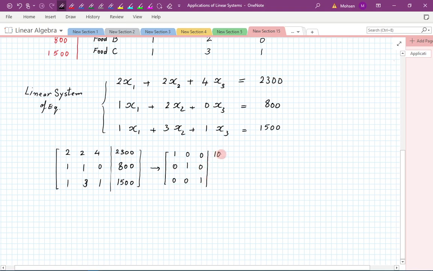We ended up with 100, 350, 350, which really means 1x1 is just x1, of course. X1 is 100, x2 is 350, and x3 is 350.